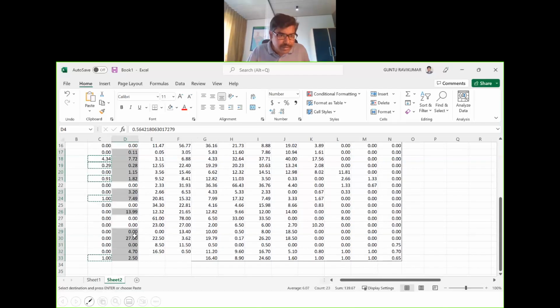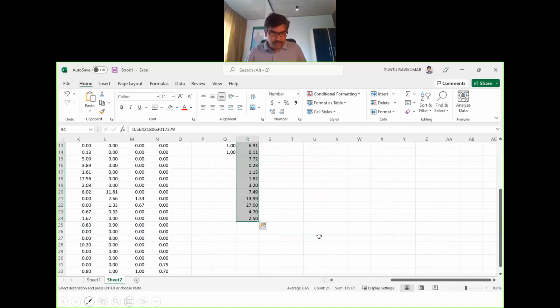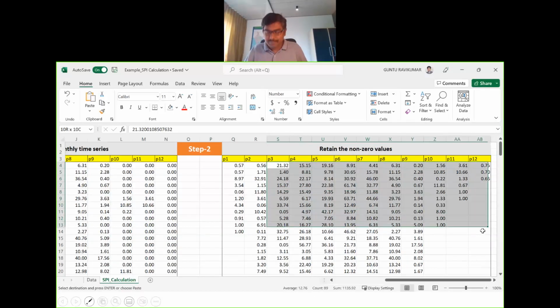So get rid of zeros and then copy the non-zero observations and paste it here. So I am using my existing sheet and copying the remaining things.